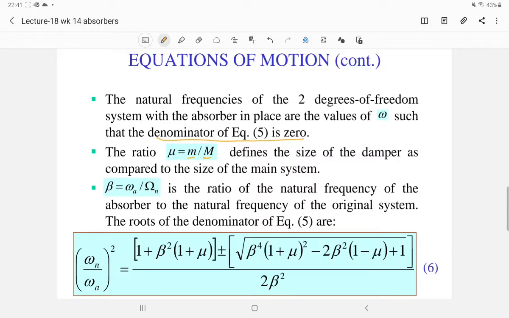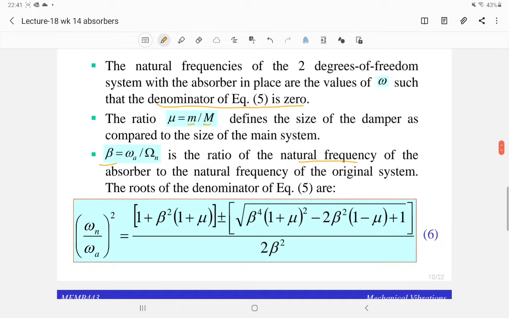Beta is the ratio of the natural frequency of the absorber to the natural frequency of the original system. The roots of the denominator of equation 5 are given by equation 6.